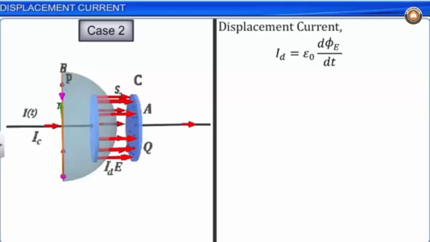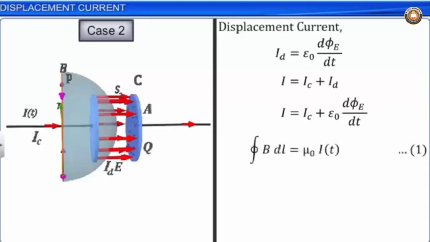Now, Ampere's law can be written as integral over the closed loop B dot dl is equal to mu naught into IC plus ID, that is, integral over the closed loop B dot dl is equal to mu naught IC plus mu naught epsilon naught into d phi E by dt. This is known as the Ampere-Maxwell law.